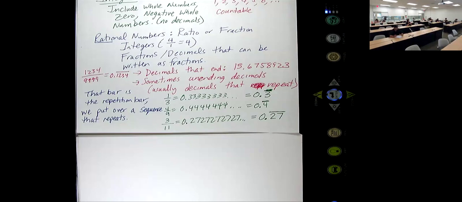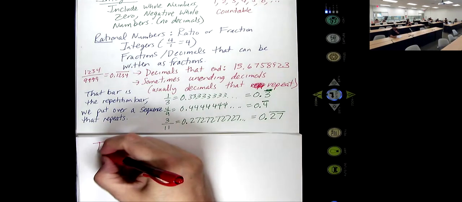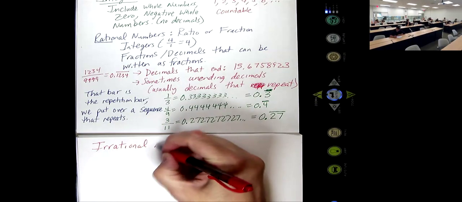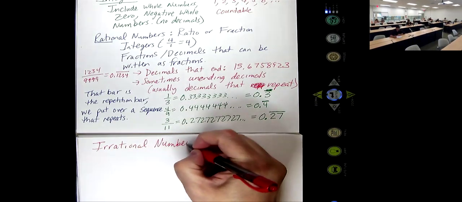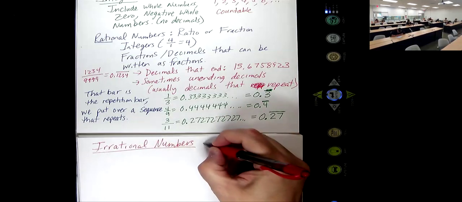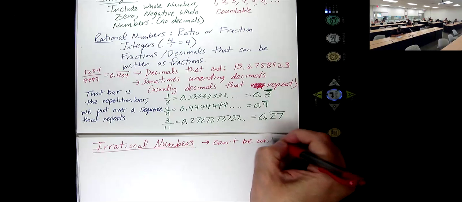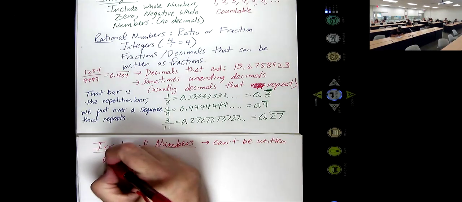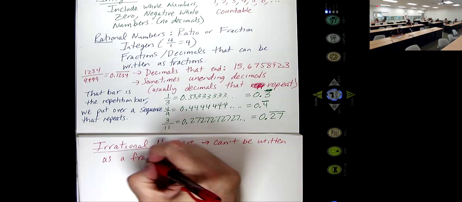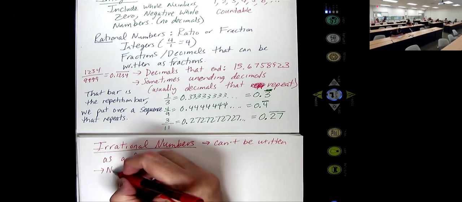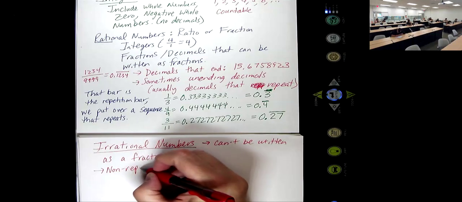The next category that includes numbers like pi are called the irrational numbers: numbers that can't be written as a fraction. These are your non-repeating, non-ending decimals.